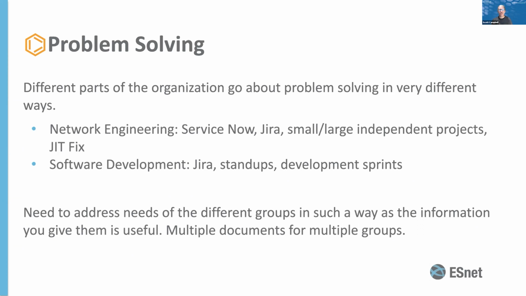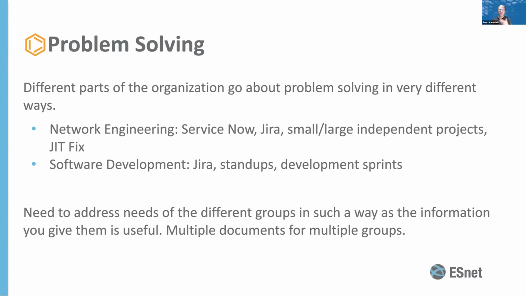The network engineering side tends to be ticket driven, some Jira, lots of small, fairly independent projects. They're driven by just-in-time fixes: this is broken, we need to make it go. Changes are made really slowly and really carefully. Nothing's done unless it's well understood, which is really important, because if they mess up, the network stops, and that's obviously not good for us.